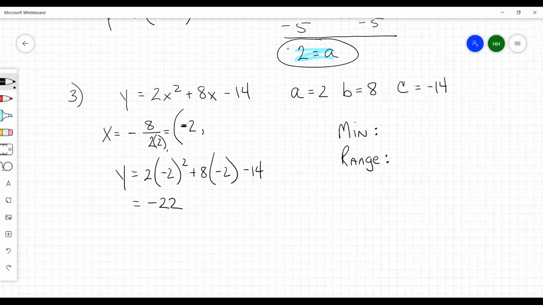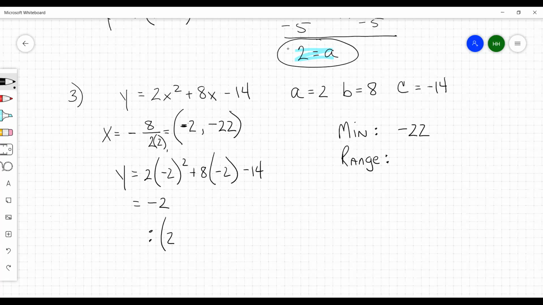So our vertex is at negative 2, negative 22. This graph goes up, so it has a minimum value of negative 22.